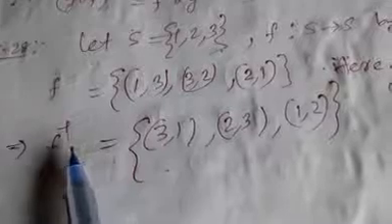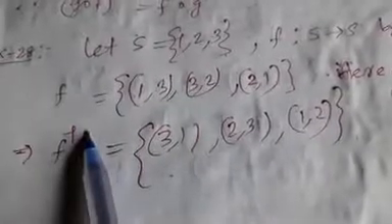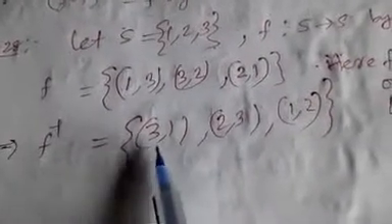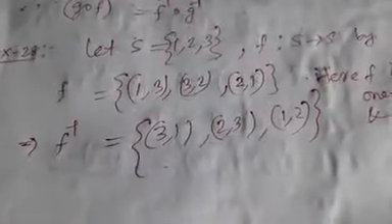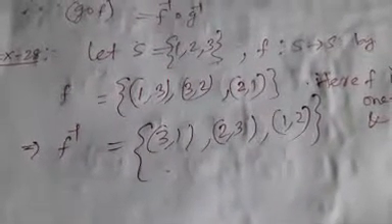So it is also one-one, and onto also, since all of 1, 2, 3 in the domain are related, and the range is also S. So the codomain is equal to the range, that's why it is onto. f inverse is equal to {(3,1), (2,3), (1,2)}, just reversed. That is, f inverse is just the opposite relation.